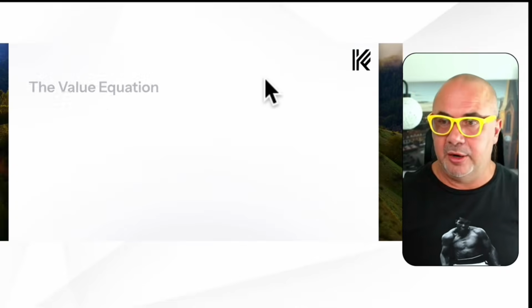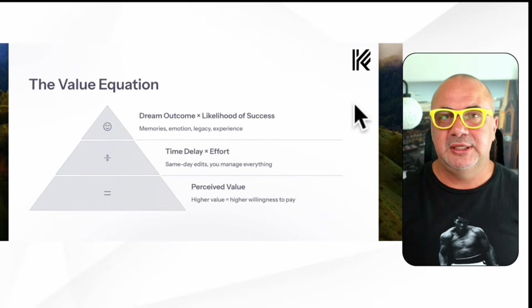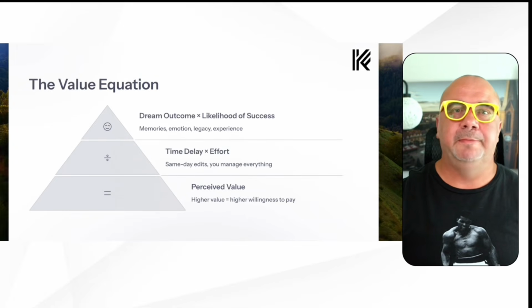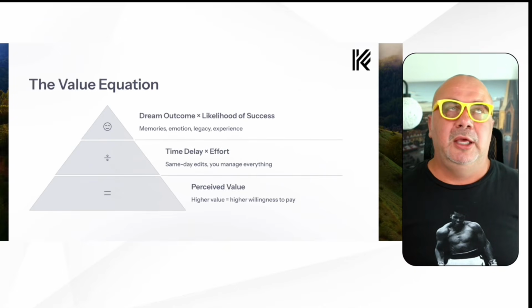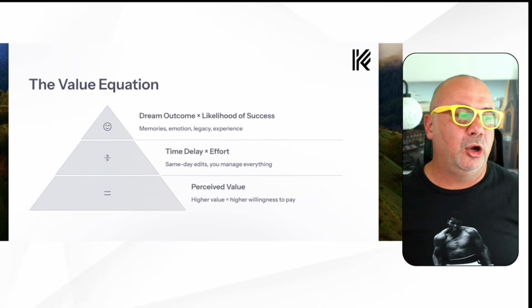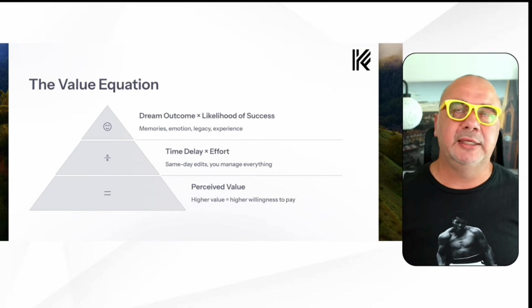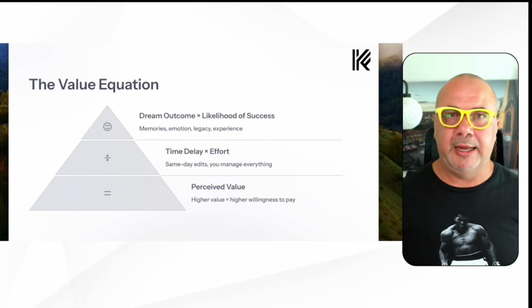The next thing here is the value equation. This is a very popular topic. There are 4 things that go into this perceived value, like the client viewing something as super valuable to them, right?